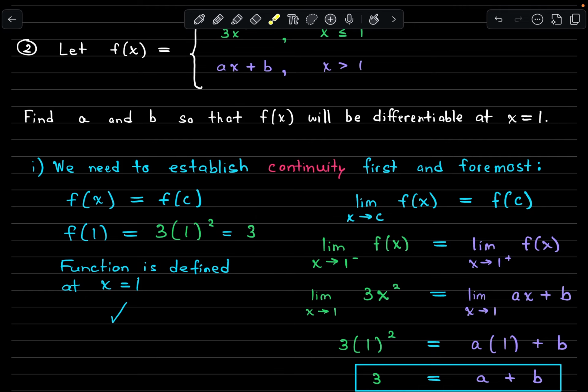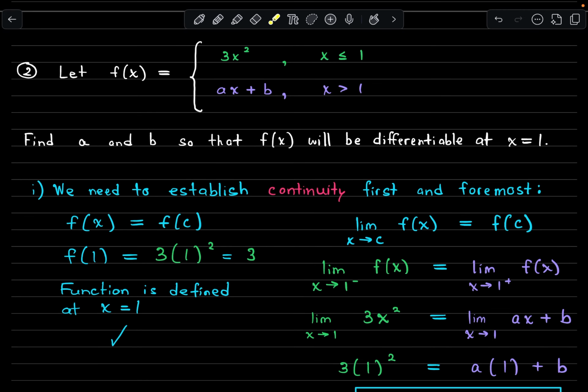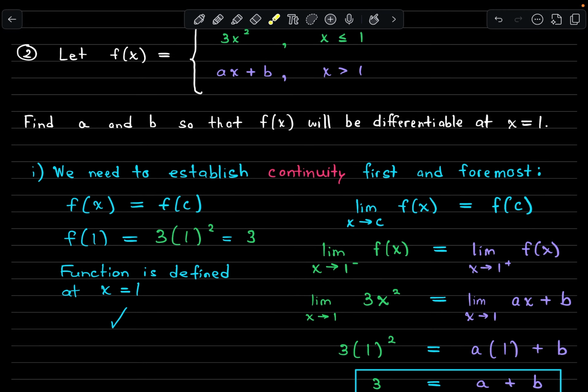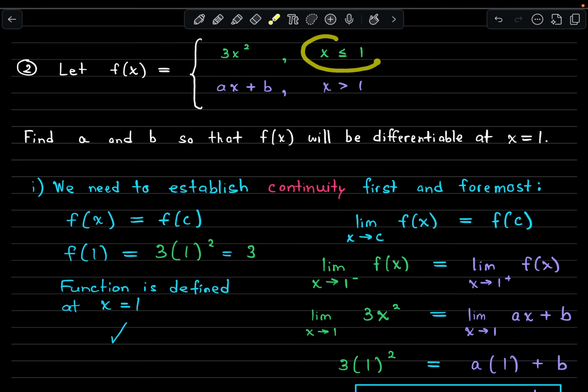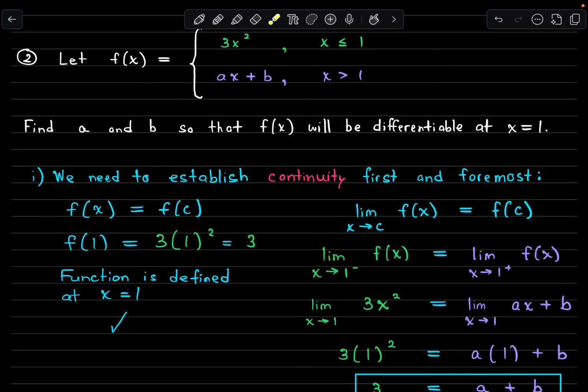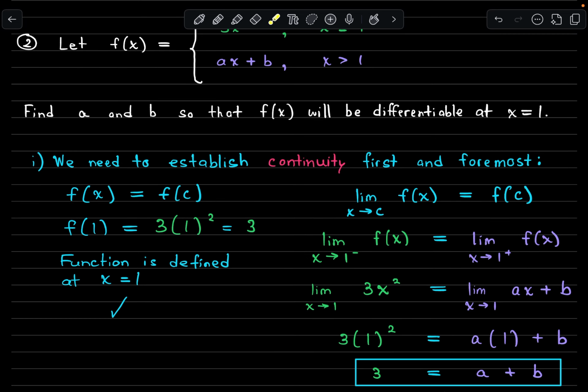Now, beyond that, the limit needs to exist. And just like we said, the limit from the left has to equal the limit from the right. So we evaluate the limit as x approaches 1 from the left, with this function, 3x squared. That has to be equal to the limit as x approaches 1 from the right using ax plus b. We set those equal to each other.